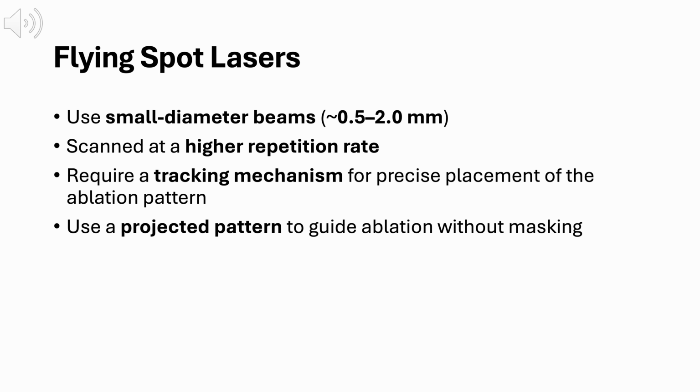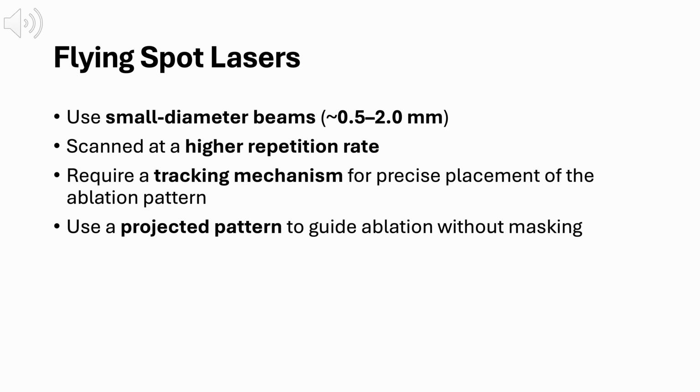Flying spot lasers represent the most precise approach to photoablation. Instead of a broad beam or a scanning slit, these systems use a very small diameter laser spot, typically on the order of half a millimeter to a few millimeters. That small spot is delivered at a much higher repetition rate and is moved rapidly across the cornea in a point-by-point fashion.